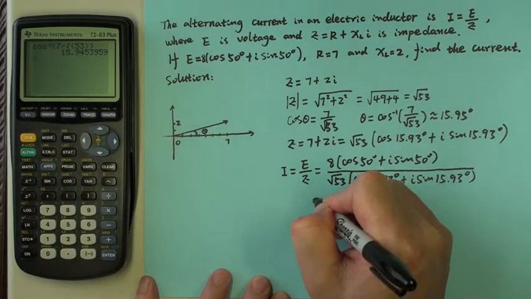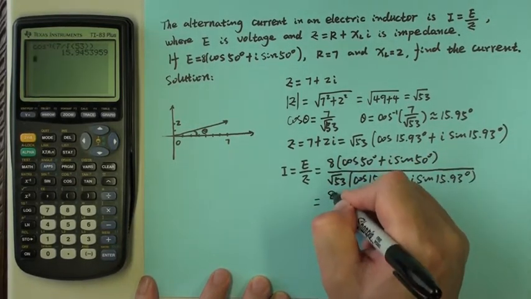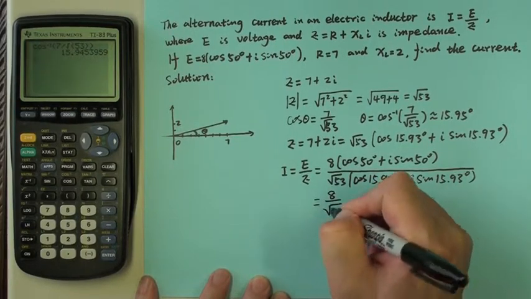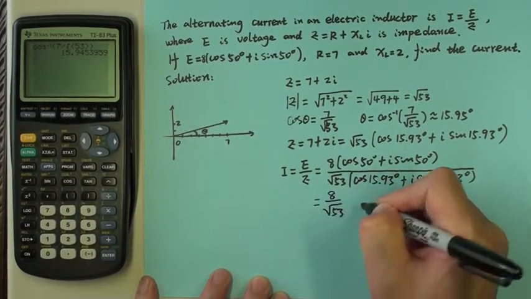Now for the division, that's 8 divided by radical 53.